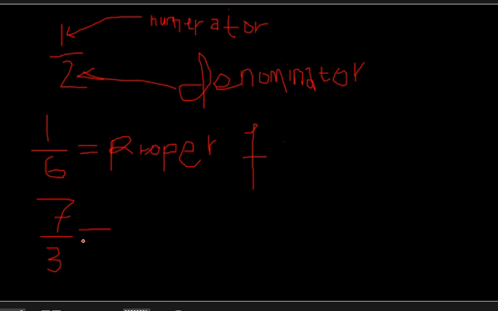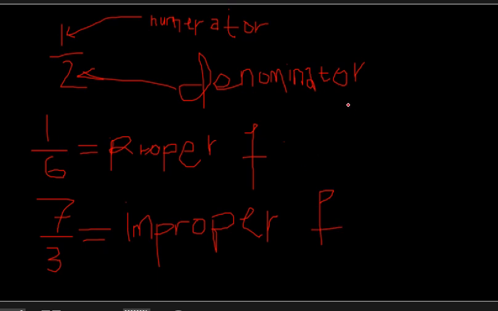If you have a fraction like 7/3 where the number on top is greater than the number at the bottom, such a fraction is known as an improper fraction. Forgive my handwriting, I don't have a proper animation board to write on.